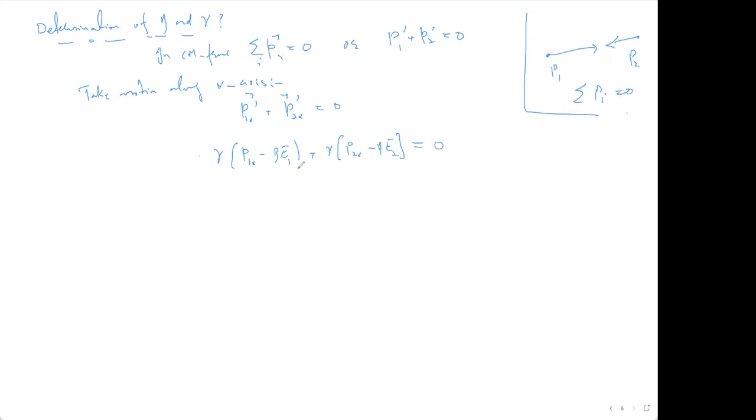Now since gamma is not equal to 0, because you know that the particles are moving with a certain velocity, and gamma is 1 by root of 1 minus beta square, which is some value, the sum of these two quantities will be equal to 0.